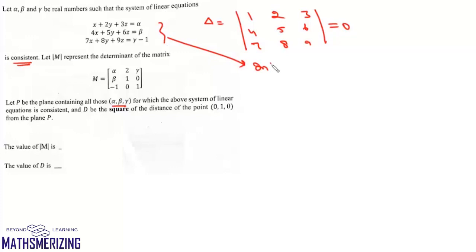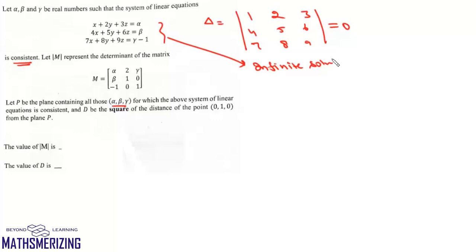Now if we look at the value of delta, this is 1, 2, 3, 4, 5, 6 and 7, 8, 9, and we know that the value of this determinant is 0. Now if the value of this determinant is 0 and it is given that the system of linear equations is consistent, it simply means that the system of equations will have infinite solutions.